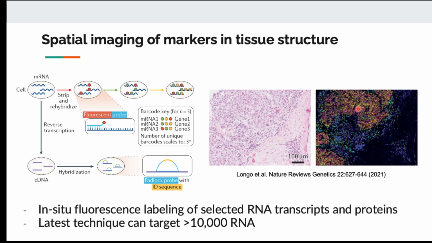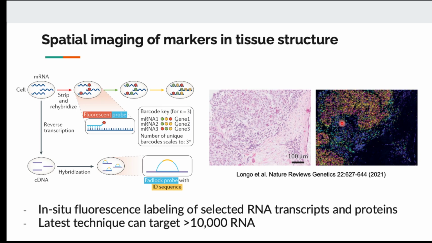So people want to develop a better way to tag the gene, tag the protein in the tissue. And you might be surprised that nowadays we can visualize more than 10,000 species of RNA in a single tissue. So basically you are getting close to having RNA sequencing level data on the tissue with just imaging, no sequencing involved.